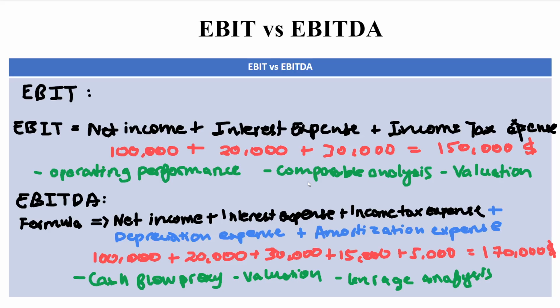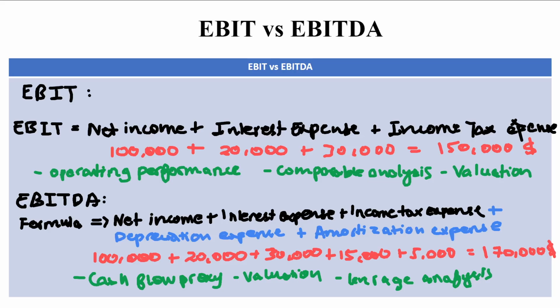Now let's look at the exclusions. EBIT excludes interest and taxes, while EBITDA excludes interest, taxes, depreciation, and amortization. For the cash flow proxy, EBIT is less direct and EBITDA is more direct. And for valuation, EBIT is used in valuation multiples, while EBITDA is frequently used in valuation multiples.